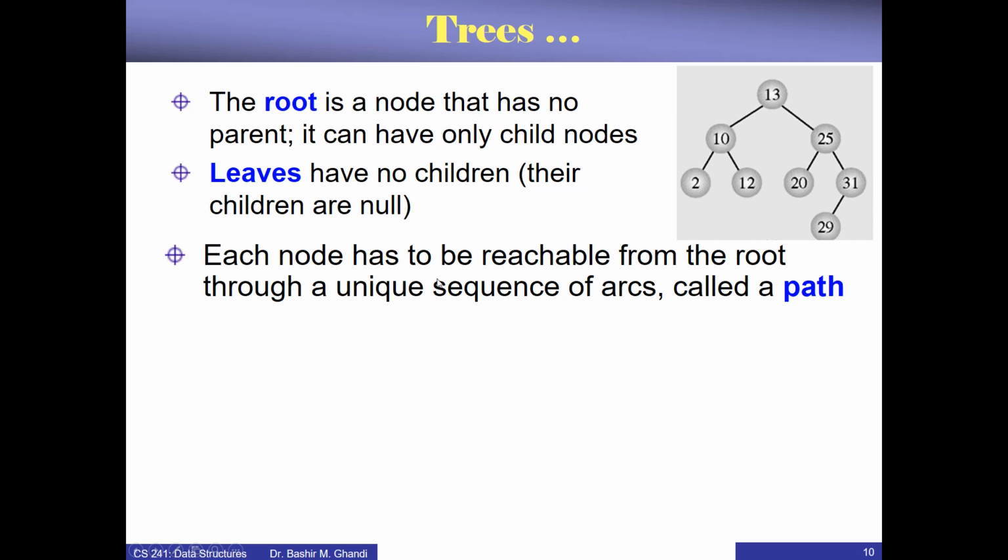Now this sequence of arcs is what is called a path from the root to the particular node. So the path from the root to 20 will be 13-25 and 25-20 and so on.